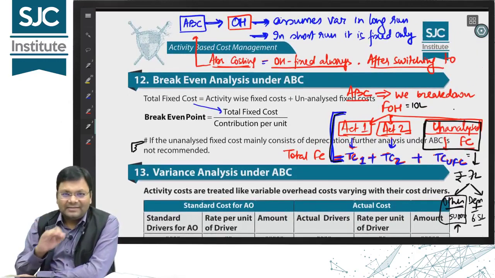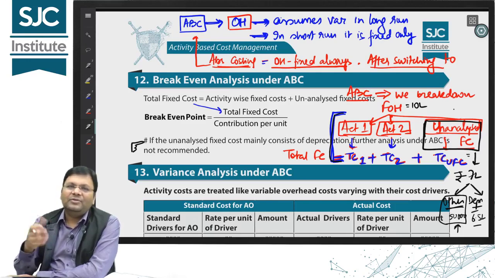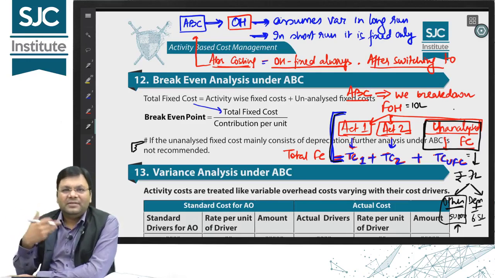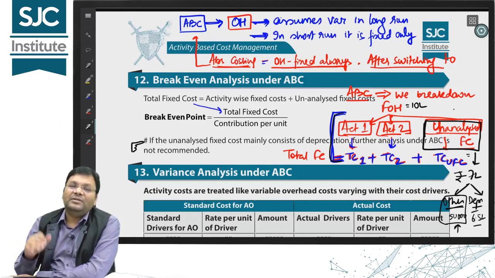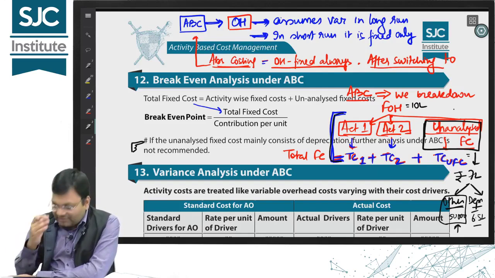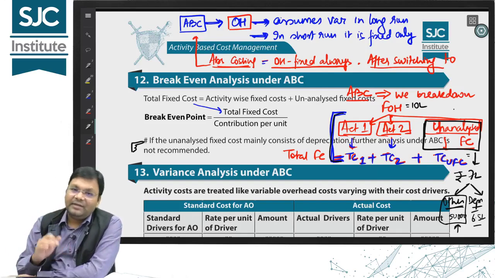Just to sum up, what happens in absorption costing? It's a normal break-even point, total fixed cost divided by contribution per unit. But with activity-based costing, in initial days, total fixed cost remains the same as in absorption costing.